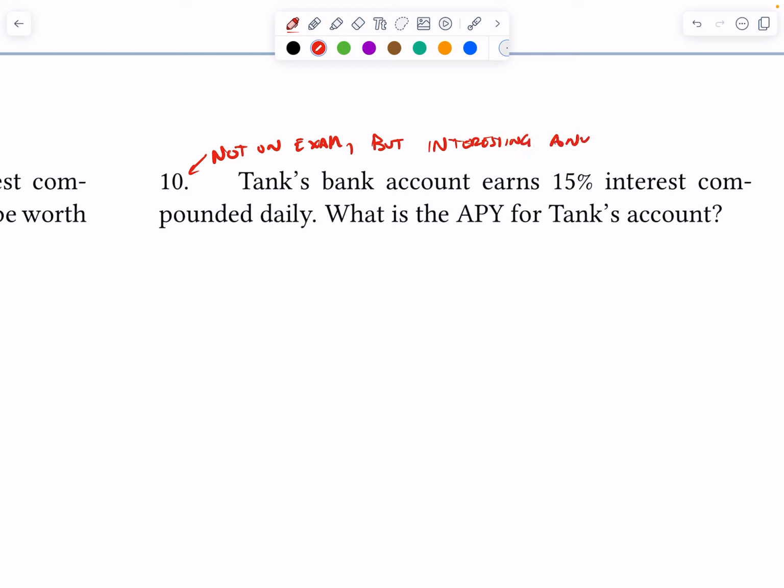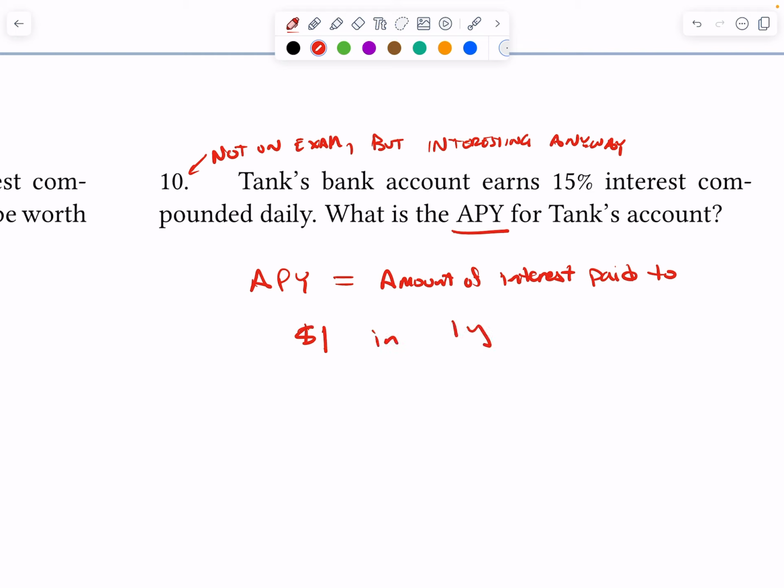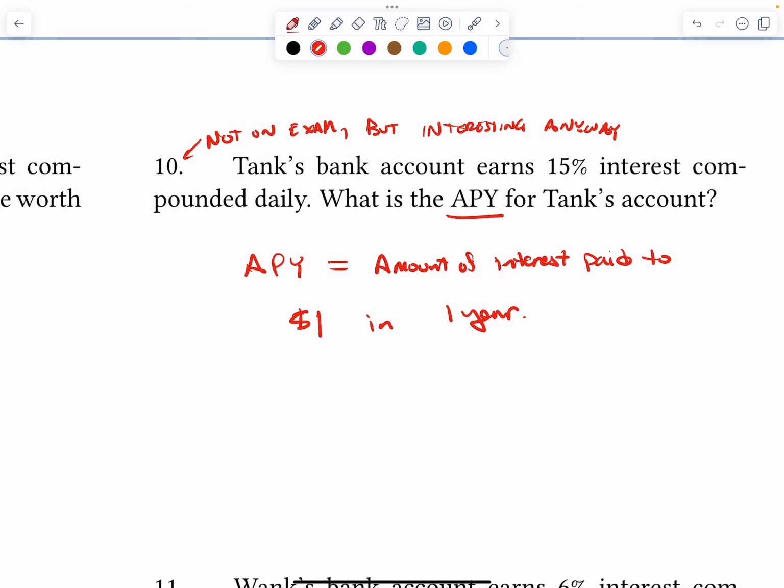Anyway, okay, so APY is equal to the amount of interest paid to $1 in 1 year. So basically you can work this one out. It's not that hard. I'm going to do this even though it's not on the exam.